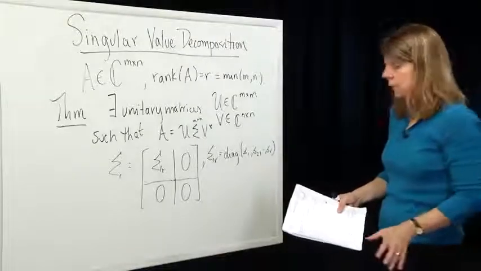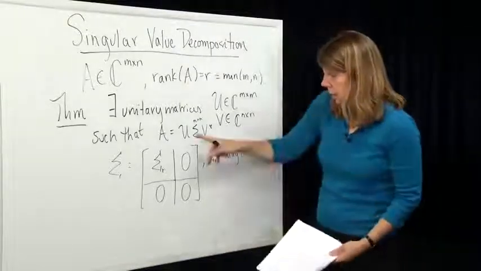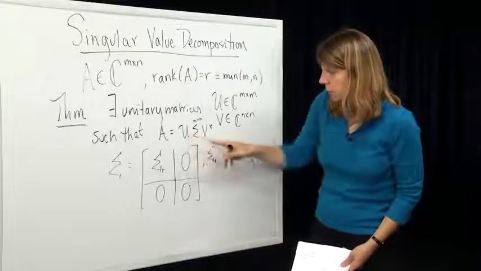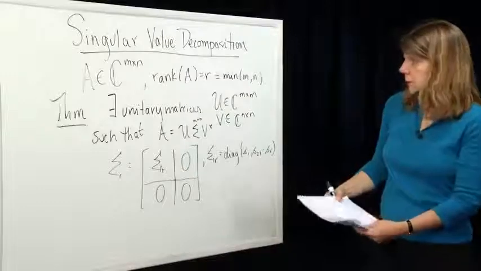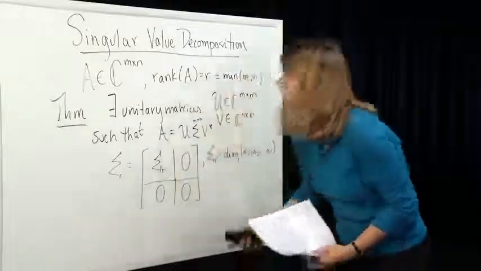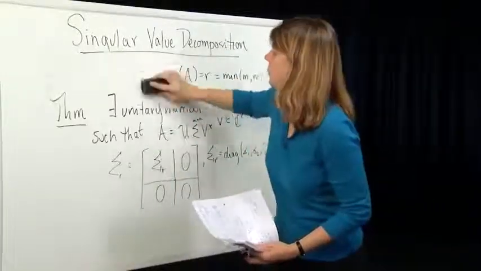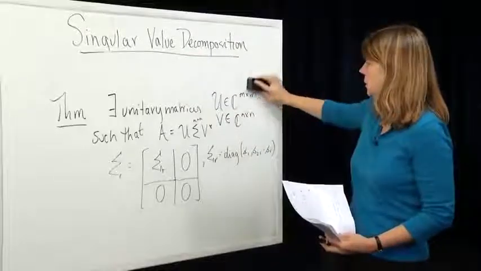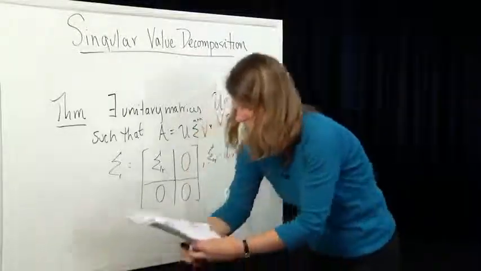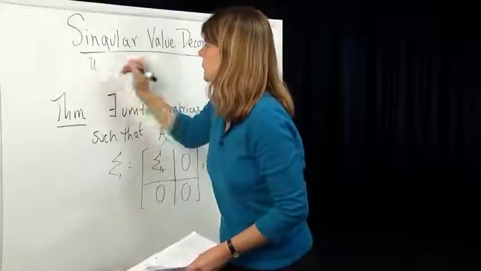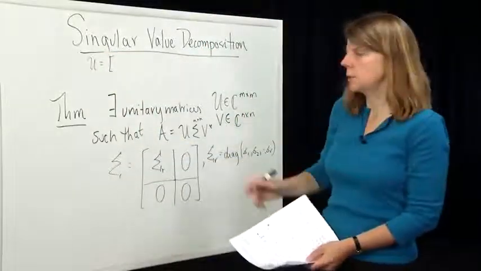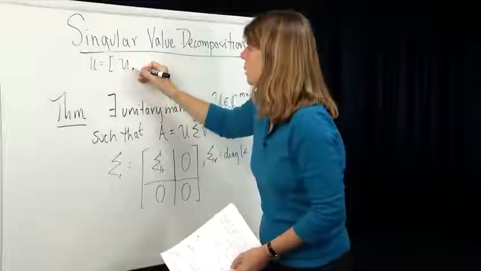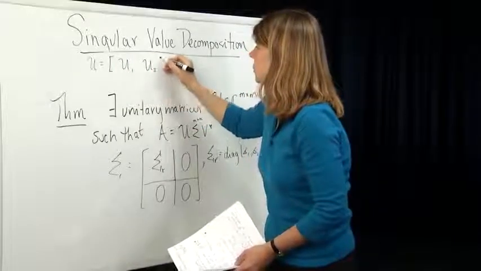We can say a few more things about this decomposition. We can think more about the structure of U and V. So let's go back to the top and break down U and V according to sigma here. So U, I'm going to represent as two matrices, U1 and U2.